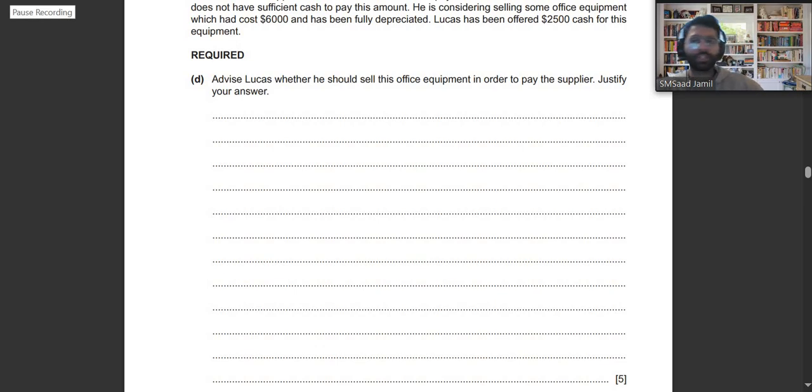So for this question, you guys will first mention the reasons why we should sell the machine, and then you guys should mention reasons why you should not sell the machine. And based on your answer, you guys should give the final conclusion.